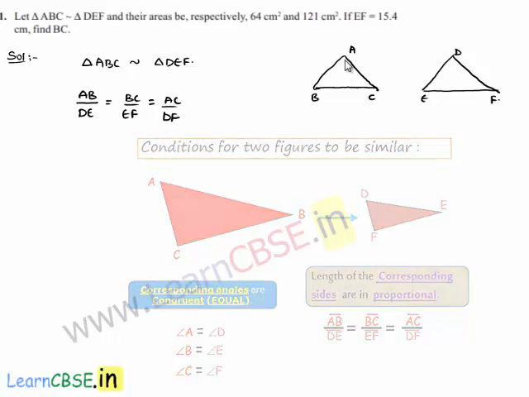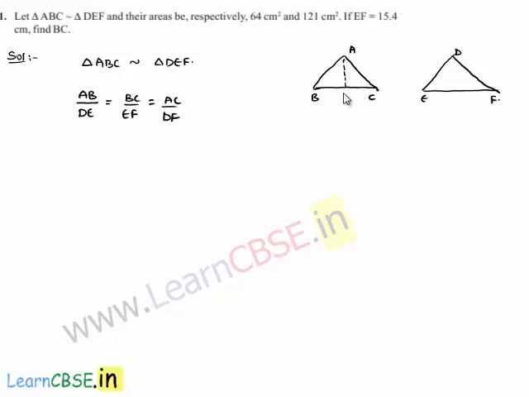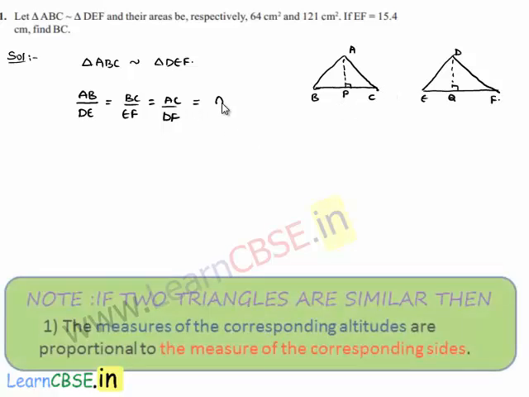And now if we draw perpendicular heights, that is AP and DQ, perpendicular to the bases BC and EF respectively, then these proportions will also be equal to AP by DQ.